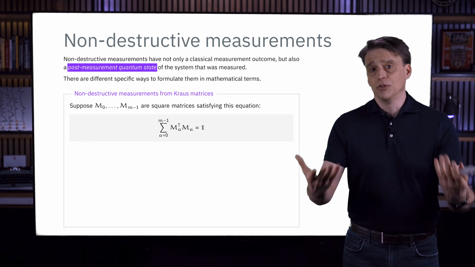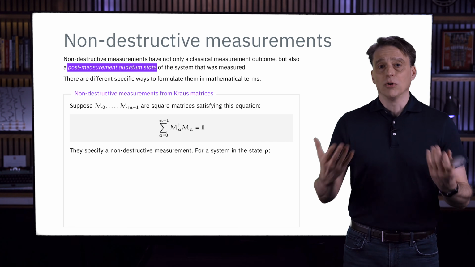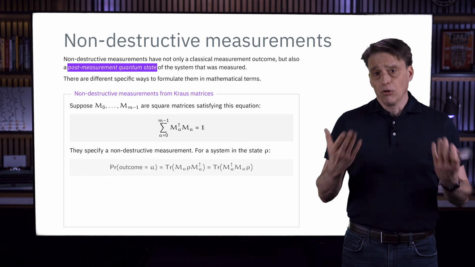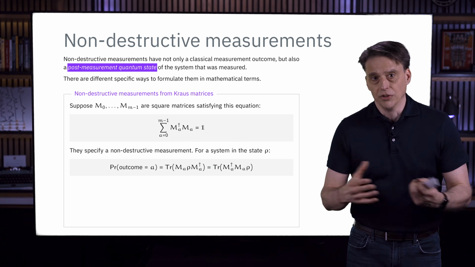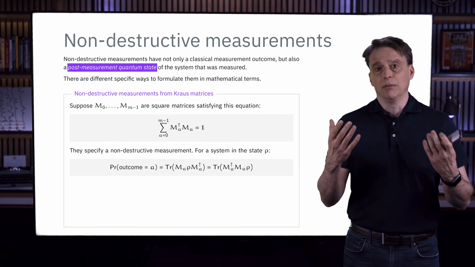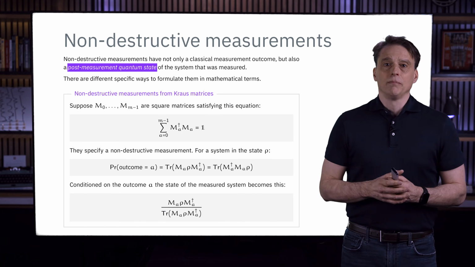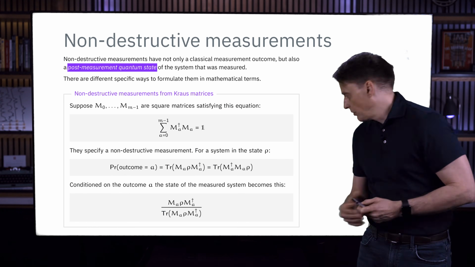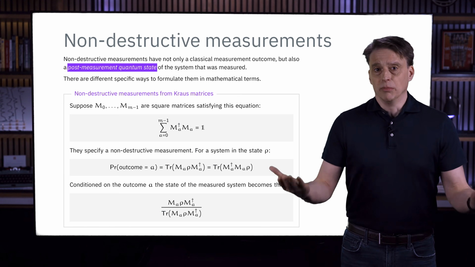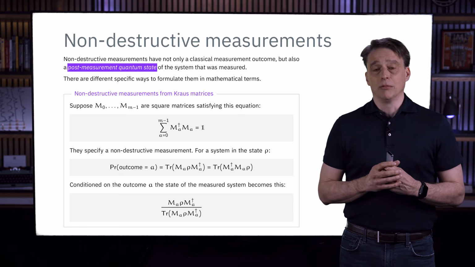In fact, these matrices do describe a channel, but they also describe a non-destructive measurement, and the way that it works when a system in a given state rho is measured is, first, the outcome probabilities are given by the equation shown on the screen. Each outcome appears with probability equal to the trace of M_a times rho times M_a dagger. And conditioned on the outcome a appearing, the state of the measured system looks like this. Non-destructive measurements of this sort can be implemented in a similar way to what we had for Naimark's theorem, and I'll leave that for you to think about if you choose.